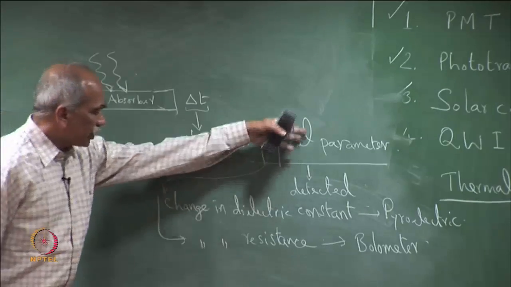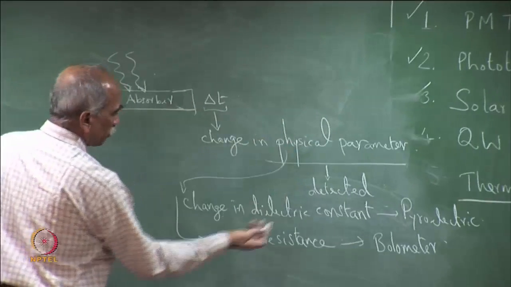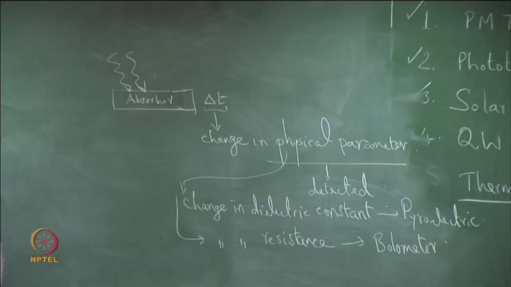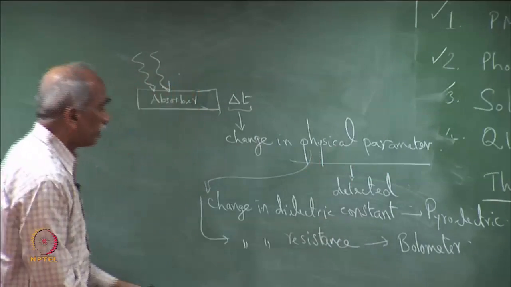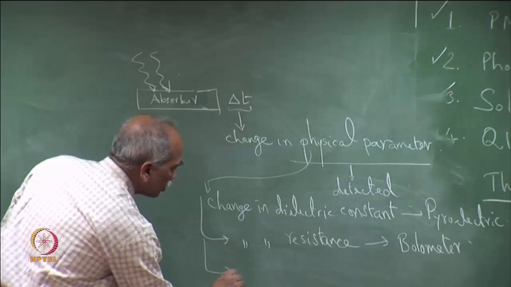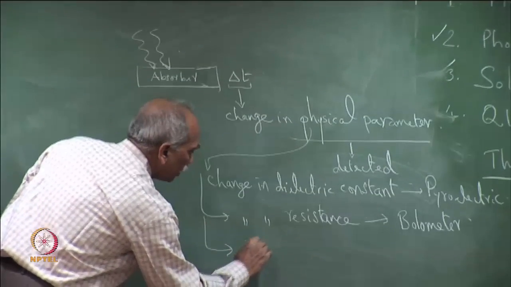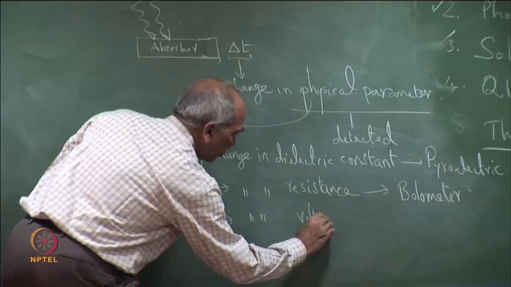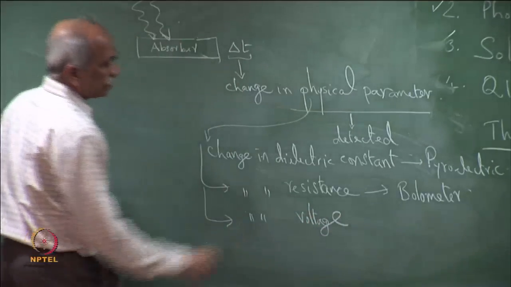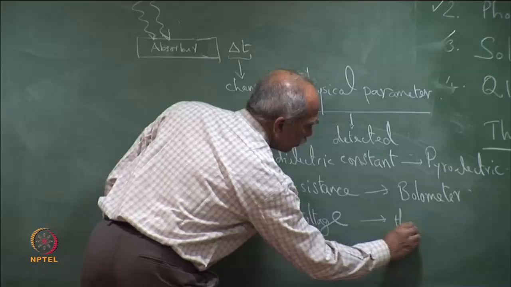It could be a change in pressure, or any one of the physical parameters could change. For example, a change in voltage, as in the case of a thermocouple.